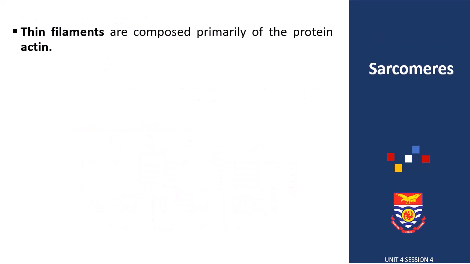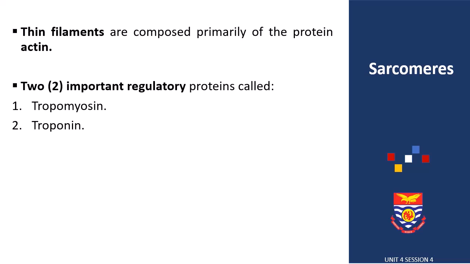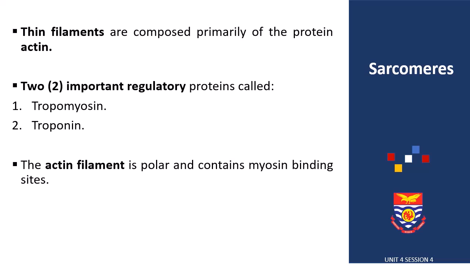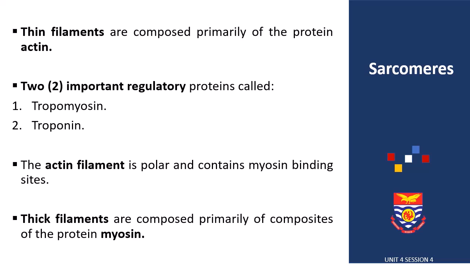The thin filaments are composed of the protein actin, and in addition are two important regulatory proteins, tropomyosin and troponin. The actin filament is said to be polar, and it contains a binding site to which myosin can bind. The thick filament, on the other hand, is made up of myosin protein.